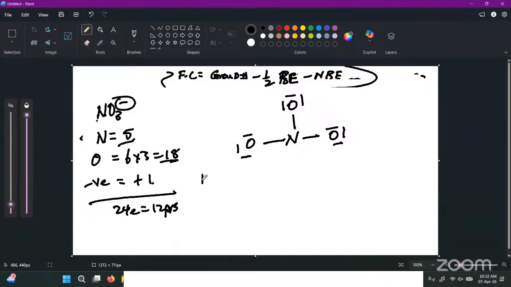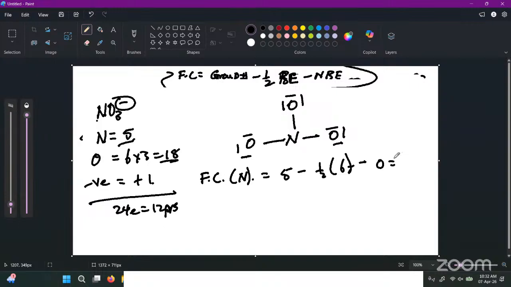The next step, like we did before, we calculate the formal charges. Let's start off with the nitrogen. What's the formal charge on the nitrogen? Well, according to the formula, the group number, 5, minus half the number of bonding electrons, which for the nitrogen would be 6, minus the number of non-bonding electrons, which would be 0.